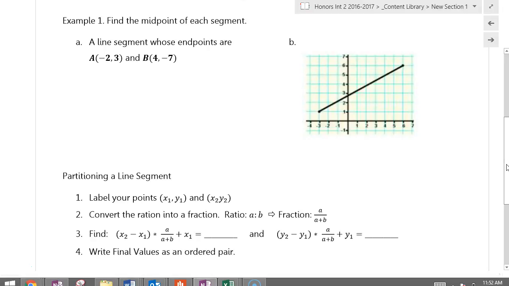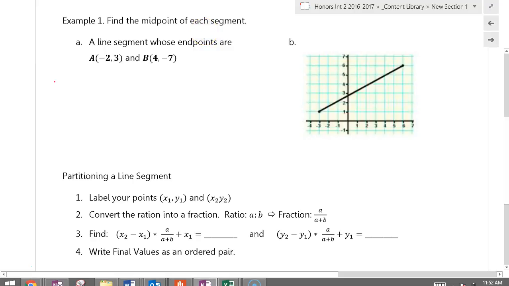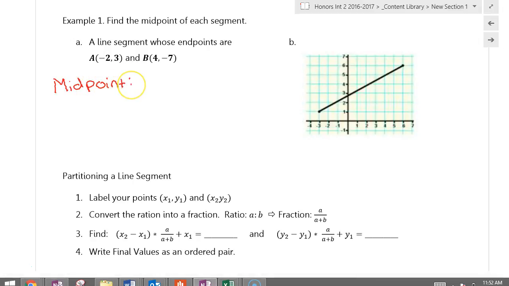So, here we go. Our midpoint formula is basically finding the average of your x's and finding the average of your y's. The middle of your x values, the middle of your y values.